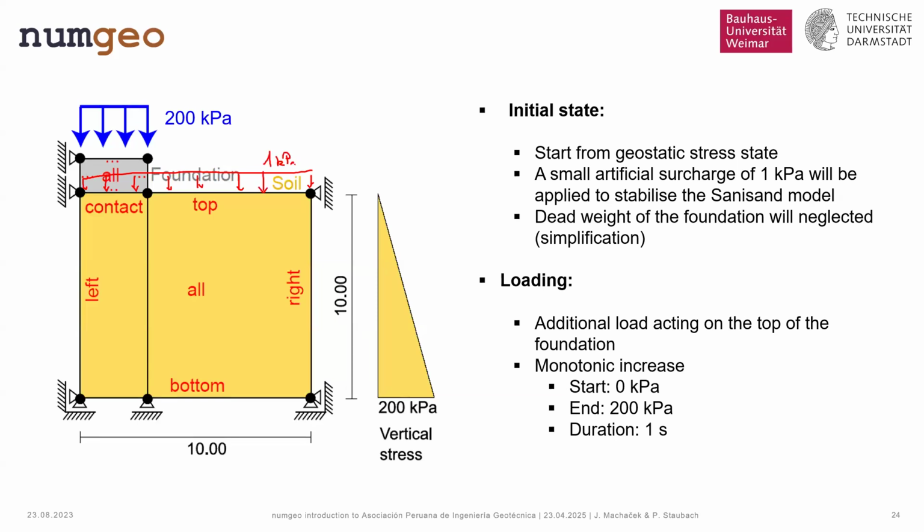These advanced soil models, be it SANISAND or a hyperplastic model, perform very poorly if the stress goes very close to 0. So we always need a stress that is larger than 0. And obviously, if our integration points are very close to the top, the stress level is quite low, and then we might face some numerical issues or problems. So that's why we add 1 kilopascal of external additional load on top of the soil.